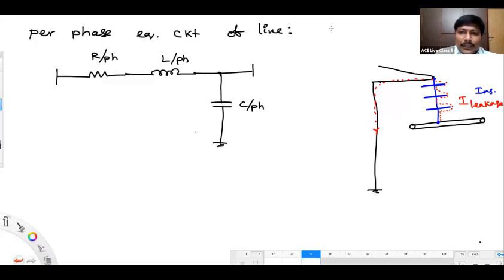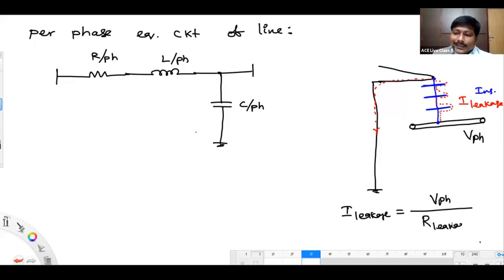Generally, this conductor is operating at a voltage of V phase, and that leakage current I will write as that phase voltage V phase divided by the surface leakage resistance of this body.